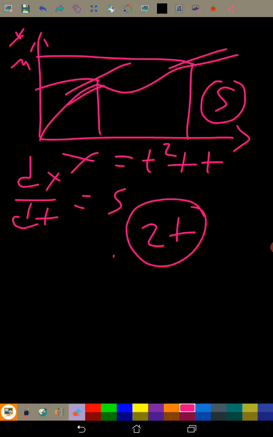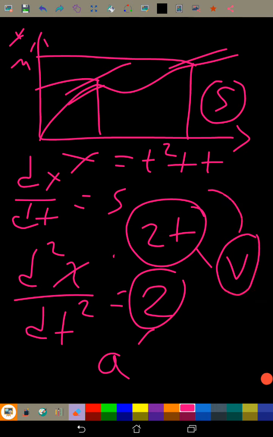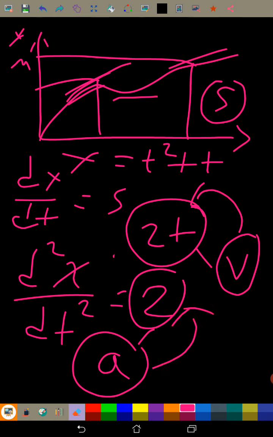And then the second derivative, d squared x by dt squared, gives you 2. So the acceleration is 2, but v is changing, as you can see. The gradient is changing, but the acceleration is a constant. So acceleration is a constant means that it's straight.